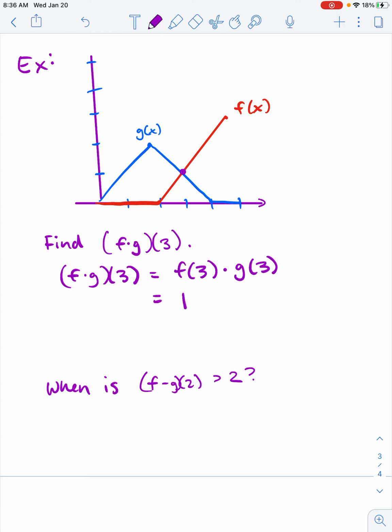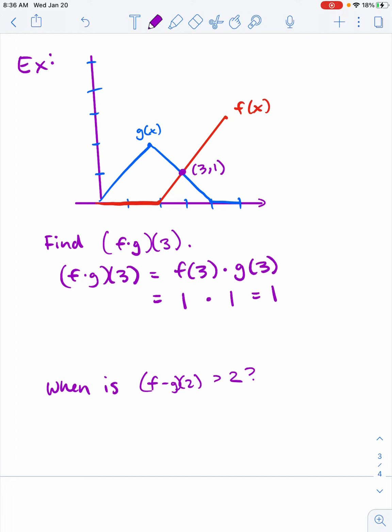F of 3 is 1, because this is the point (3, 1). For g of 3, I'm going to do the same thing. This one happens to be the same point. So if I plug in 3 for x, the y-coordinate's going to be 1. So f times g of 3 would just be 1.